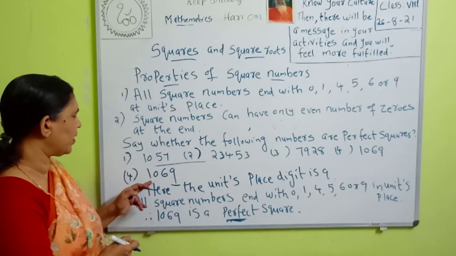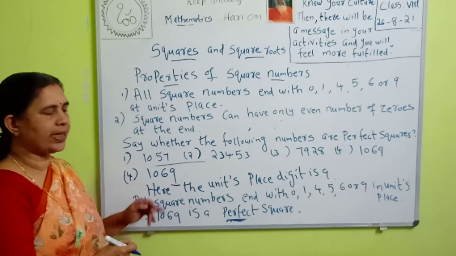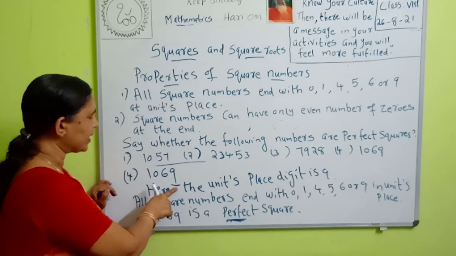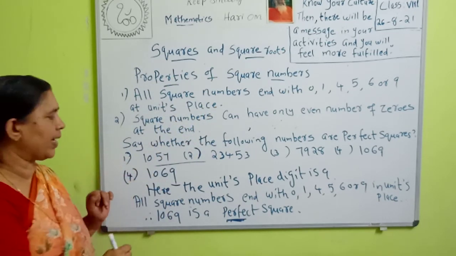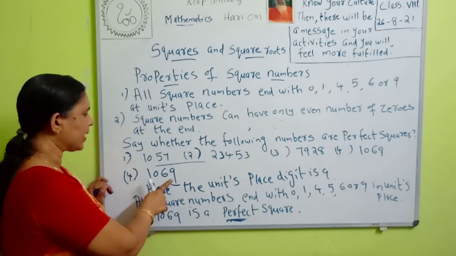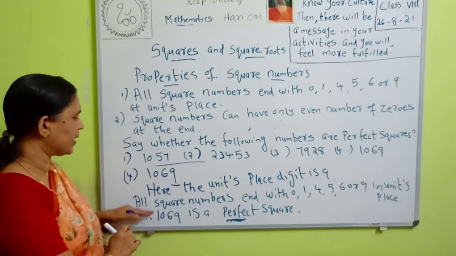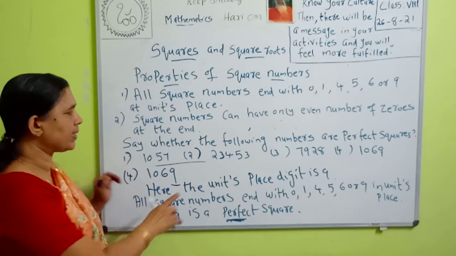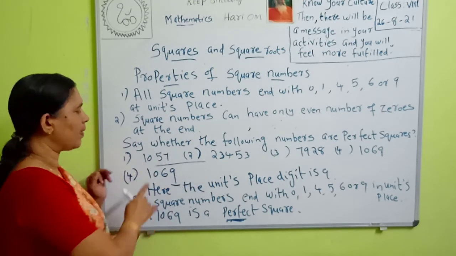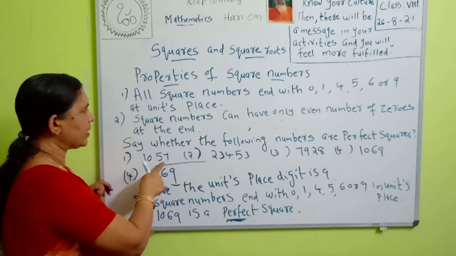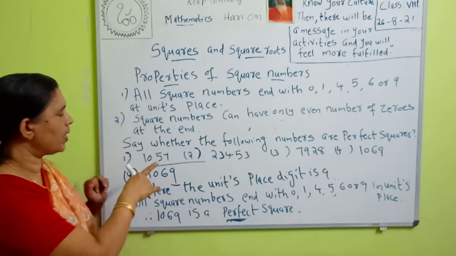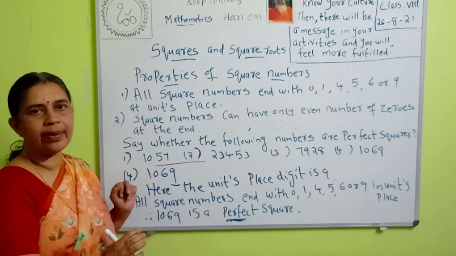For example, for 1069 the digit in the units place is 9. So the square numbers end with 0, 1, 4, 5, 6 or 9. So what we can say, 1069 is a perfect square. But this number is not a perfect square. Why? Because the digit in the units place is 7. Square numbers never end with the digit 7. So 1057 is not a perfect square.